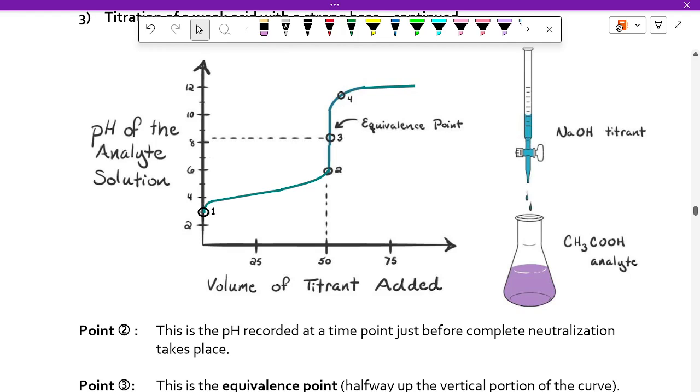Now, what kind of a solution will we have in here? In this little section here, we have some unreacted weak acid, and we have produced some weak base, conjugate weak base.